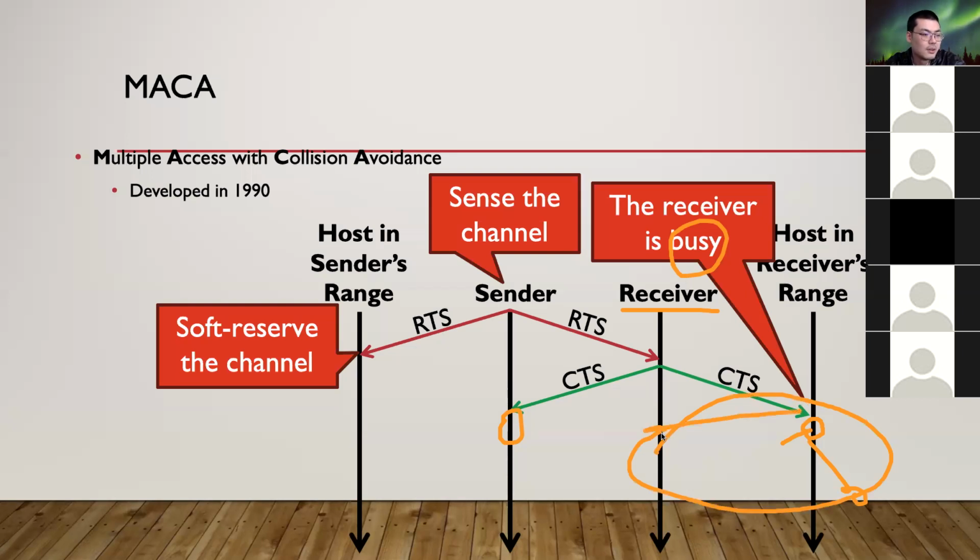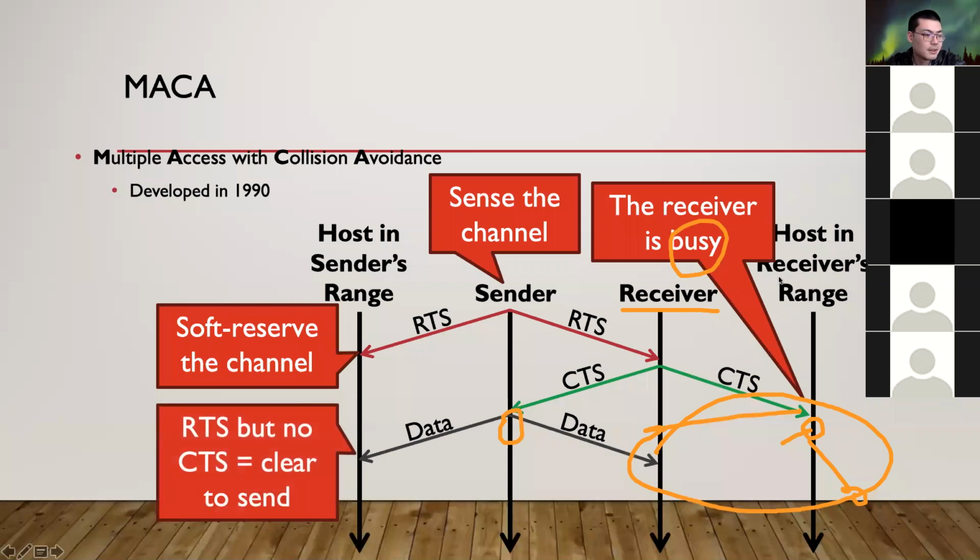Then this signal will be corrupted with the other signal, and the receiver cannot receive anything. When the receiver says clear, no one in its range can send anything, because it wants to get this message. If you send something, you will disturb the receiver.